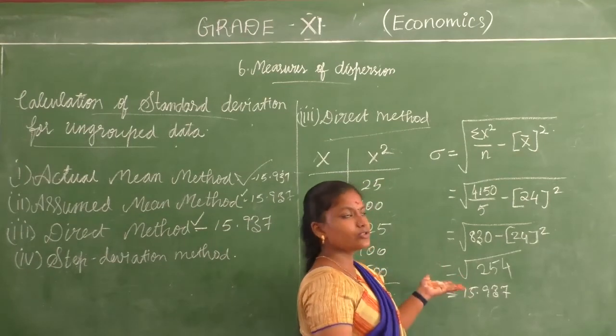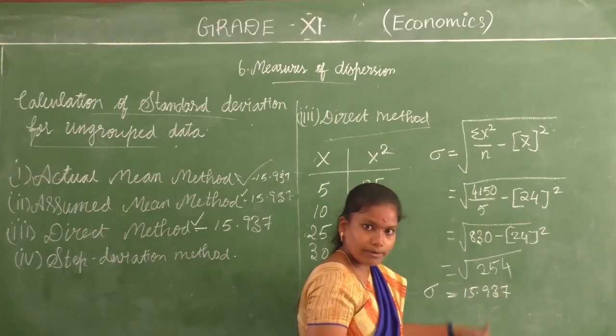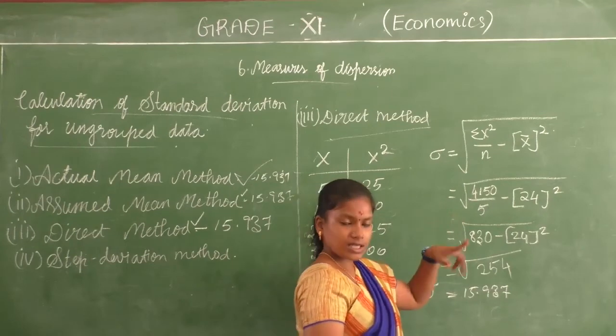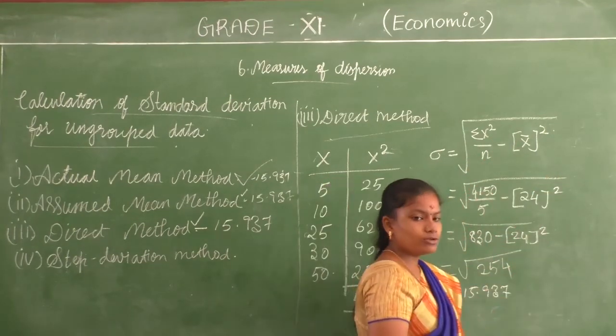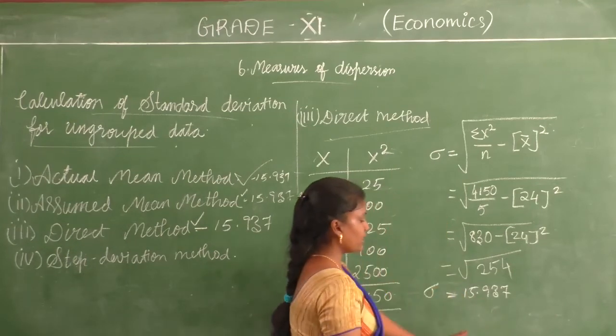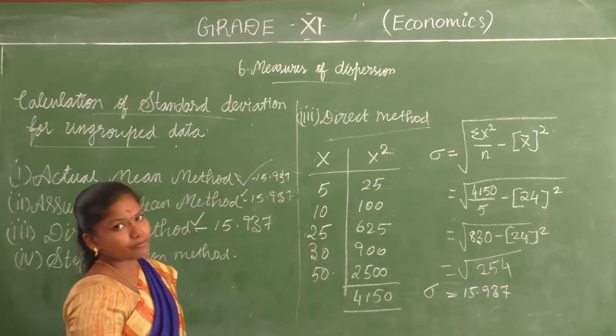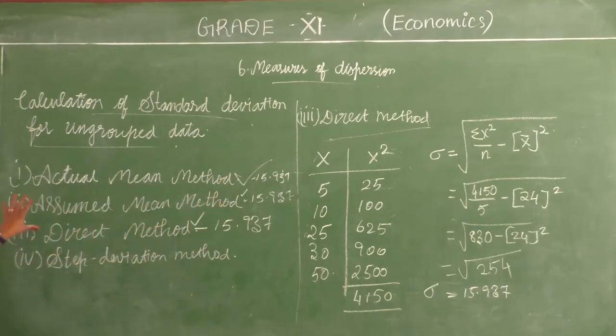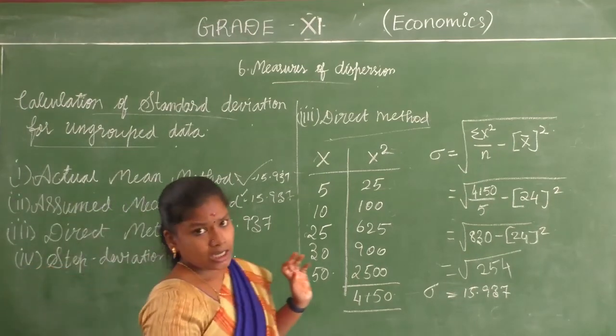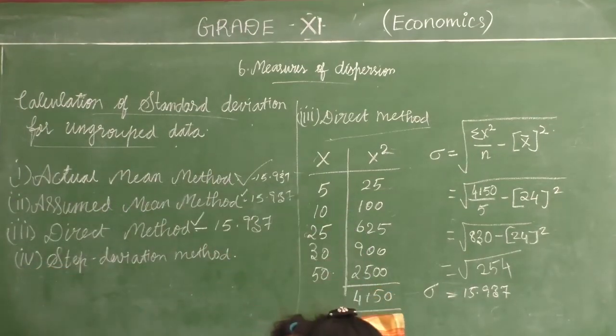Sigma is equal to root of summation of x squared by n minus x bar the whole square. So you put it into the values, calculate it, you will get your sigma as 15.937, which is the same like your actual mean method, your assumed mean method and your direct method. All are one and the same. Alright children? Clear? Can we go to the last method?